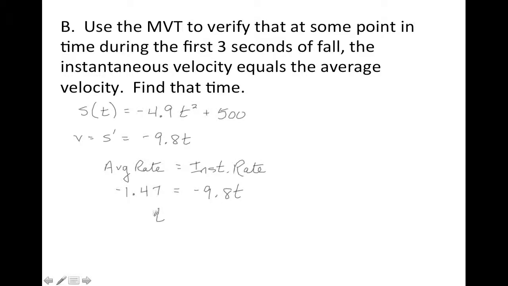And that's easy to solve for t, and you get 0.15 seconds. So what this is telling us is that for this particular object, when it's falling, at 0.15 seconds, the instantaneous rate of change at that particular time is equal to the average from 0 seconds to 3 seconds. So that's a typical type of mean value theorem problem related to the position function of an object.